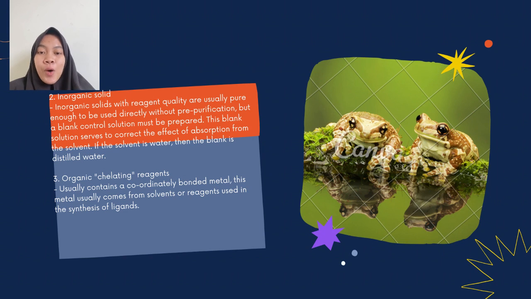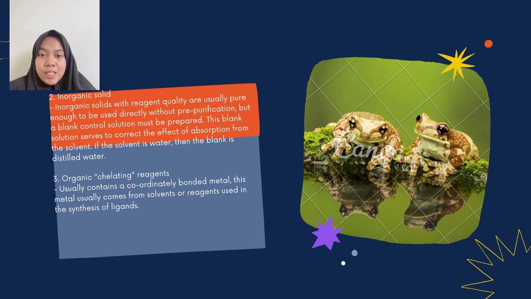3. Organic reagents, such as chelating reagents, usually contain coordinately bonded metal.